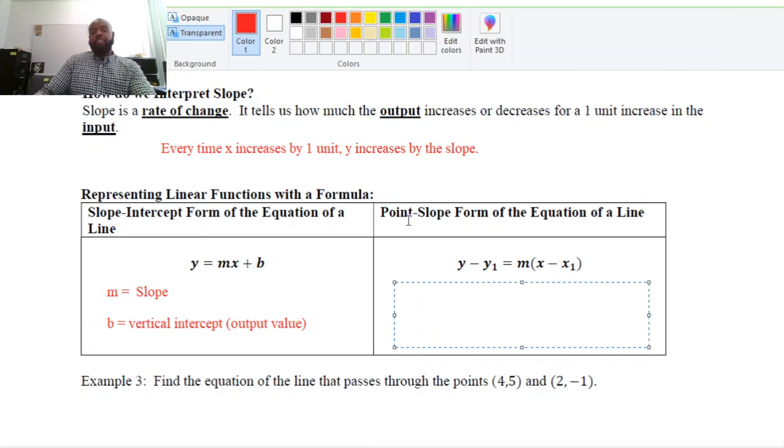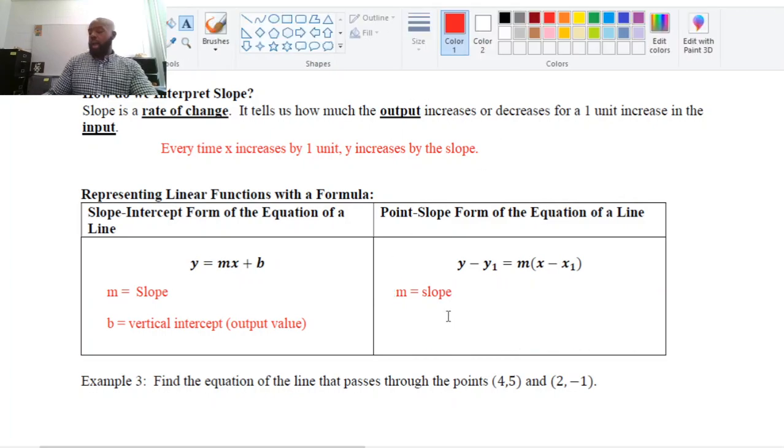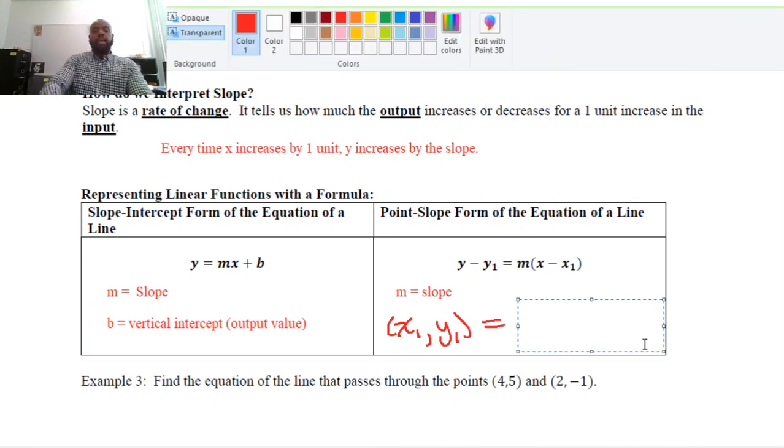Here, I have the point-slope form of the equation of the line. It involves a point that this line passes through and the slope, right? So m, again, is your slope. And that x1, y1, I'm going to type this in here, is equal to a point the line passes through.